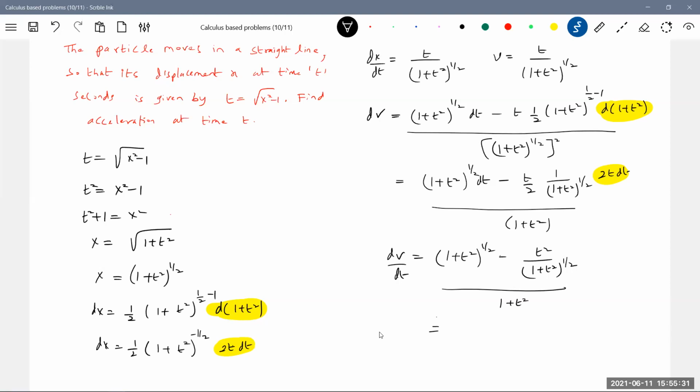Nothing wrong, I do whatever you want. Okay, this will be 1 plus t square, and here 1 by 2 minus 1, so minus 1 by 2. So this will become (1 plus t square) to the power 1 by 2, minus t square (1 plus t square) to the power 1 by 2 plus 1, which becomes (1 plus t square) to the power of 3 by 2.